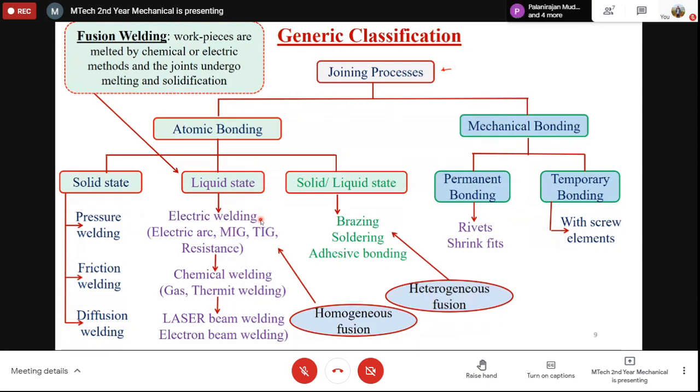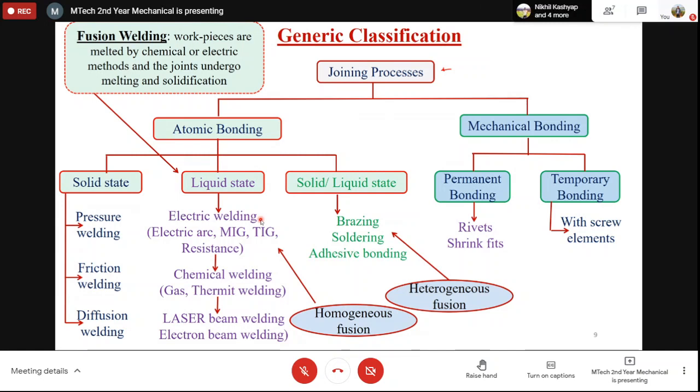Then we can use chemical energy. We can use gases to melt the material, or we can use thermit welding. Thermit welding is where the rails are joined with each other.